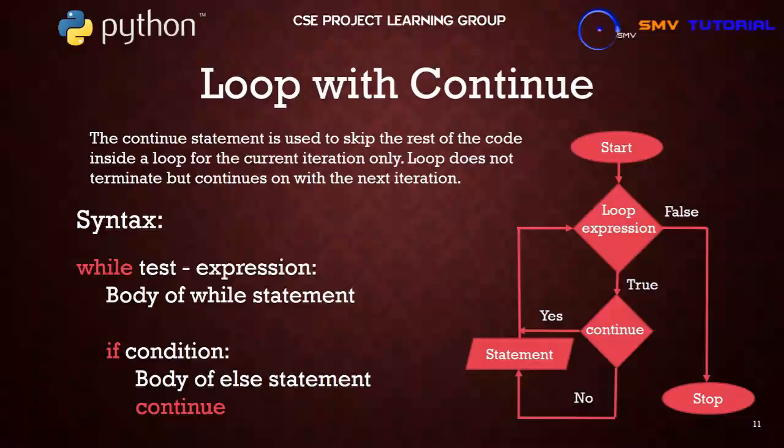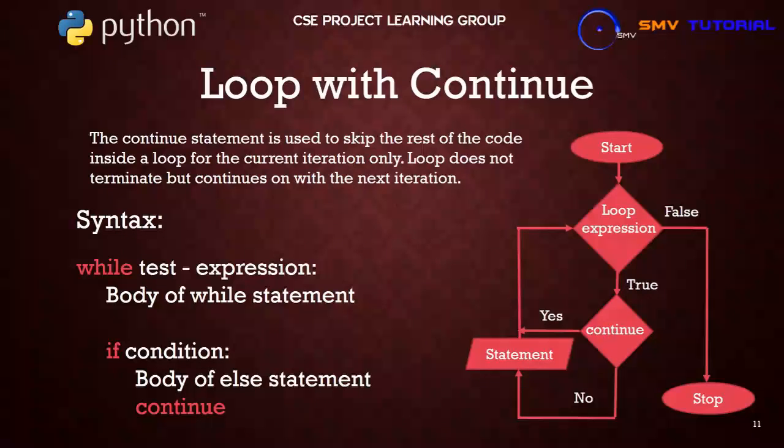The continue statement first checks the conditions. All the statements are executed until one particular condition is not met, and then it skips to after that condition and runs on. This is how the continue statement works. See this flowchart.